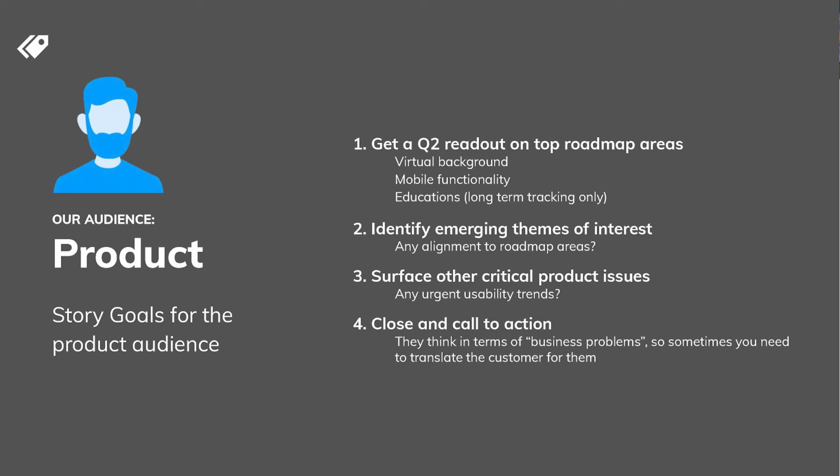Even for this purpose of our presentation, we're actually really going to focus on virtual background. For the emerging themes, we want to understand is, can we align those to any of the roadmap areas? So it'll be even a bigger win if we can identify emerging themes that align to the roadmap. For product issues, again, usability, and then we want to close with a call to action.